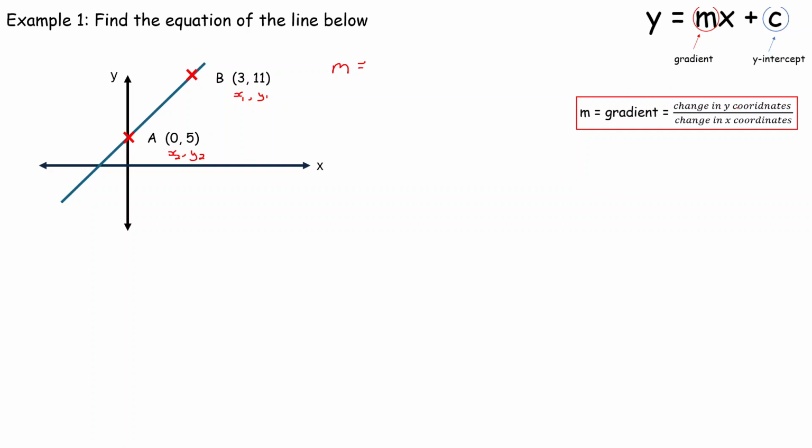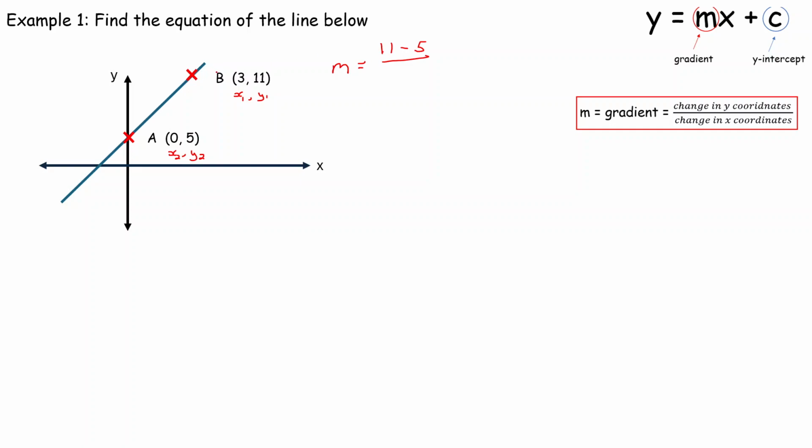So the gradient is a change in the y coordinates, and change means difference. Let's pick a y coordinate to begin with. I'm going to start with the coordinate b. You don't need to, but it's easier in this case because it will keep the numbers positive. So if I start with 11, that's my first y coordinate. Change is difference, so take away my second y coordinate, which is 5.